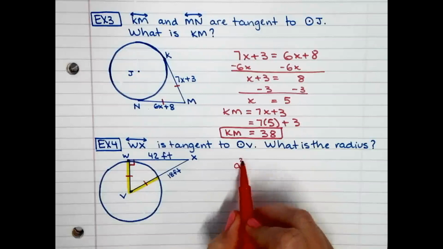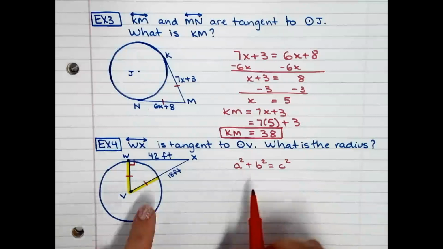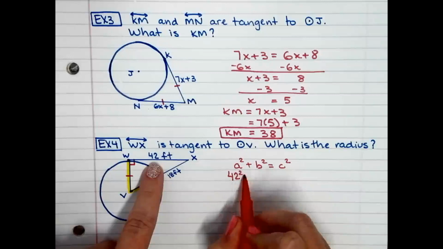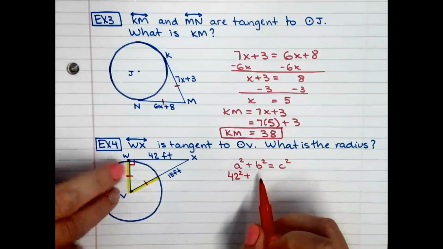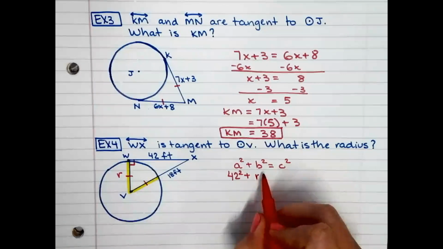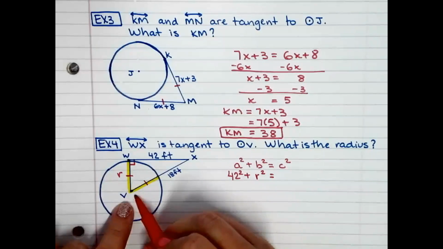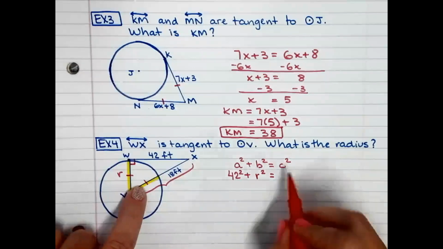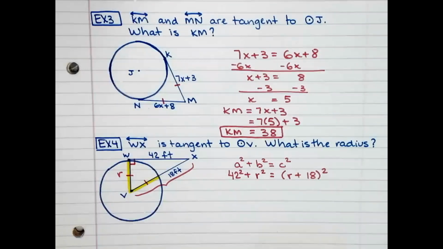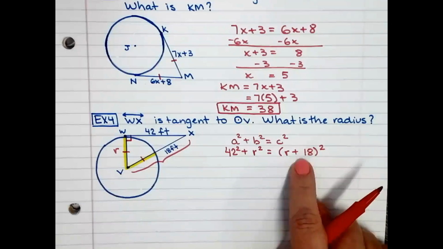So here we go. I know a squared plus b squared is c squared. I know a is one of the legs, so 42 squared plus b, this one right here. Let's just call it r because that's the radius. So r squared. Now the hypotenuse is this whole thing, whatever r is plus 18. You can do FOIL here, or you can do the binomial expansion.